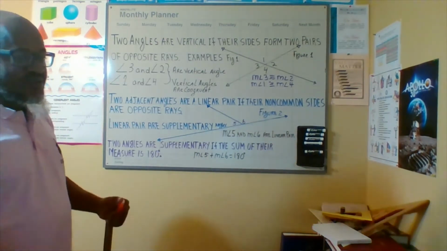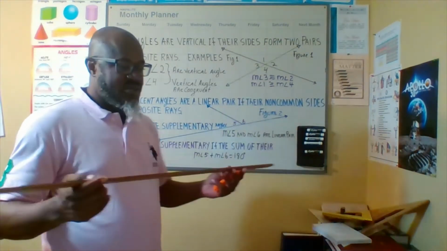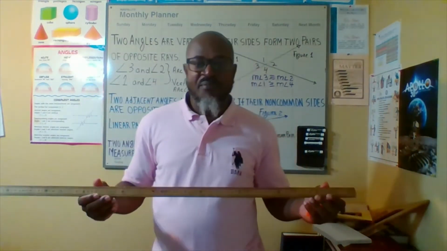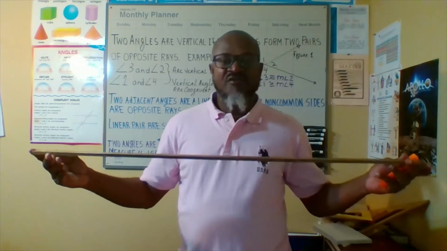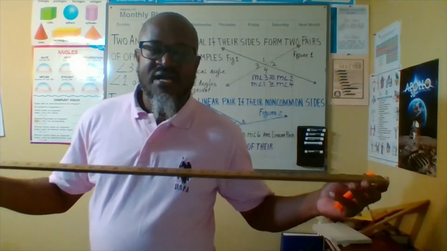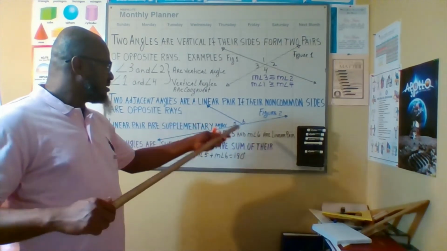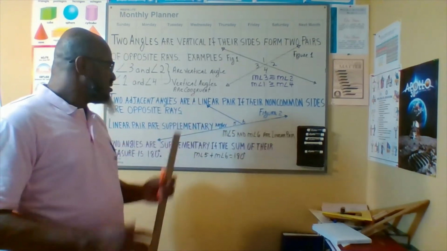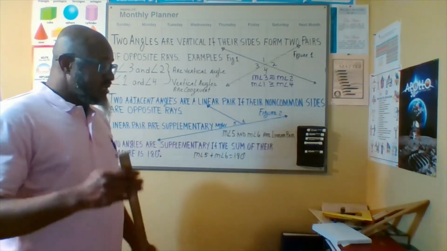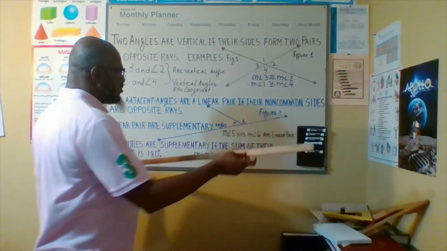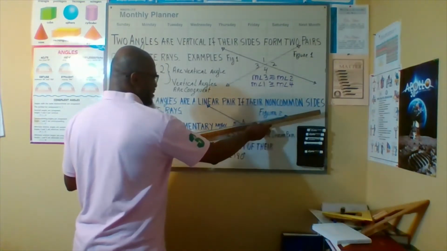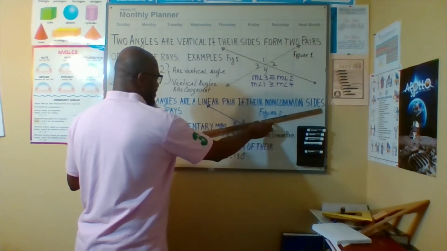Linear is a line, pair means two. You have two angles that share a common side, and if you combine them, you will have a straight angle.